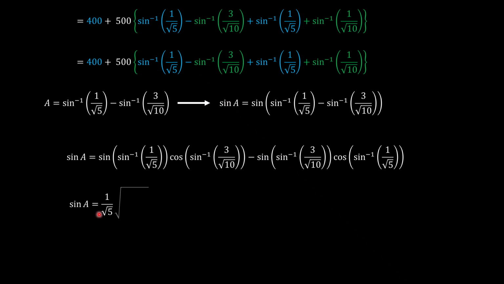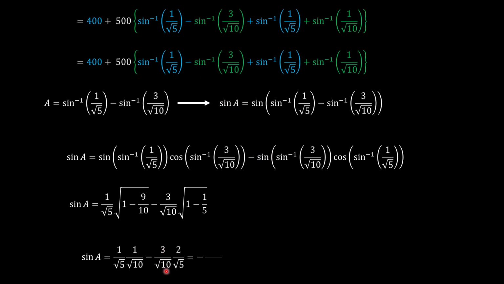So sine A is equal to 1 over root 5 times square root of 1 minus 9 over 10 minus sine of arcsine is 3 over root 10 times here again square root of 1 minus 1 over root 5 squared, which is 1 over 5. And so sine A is 1 over root 5 times 1 over root 10 minus 3 over root 10 times 2 over root 5, which is, so the denominator is going to be root 50, and that is 1 minus 6, which is negative 5 over root 50.